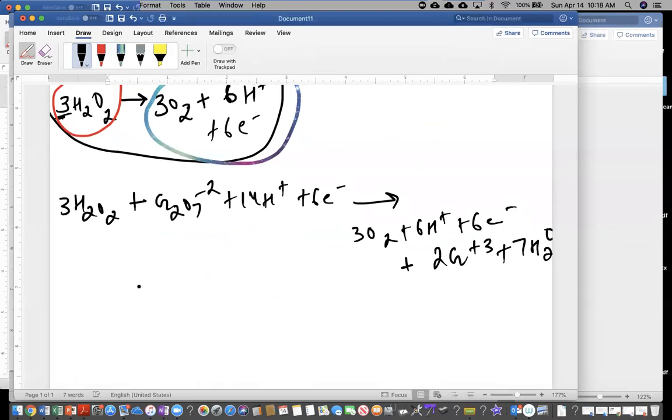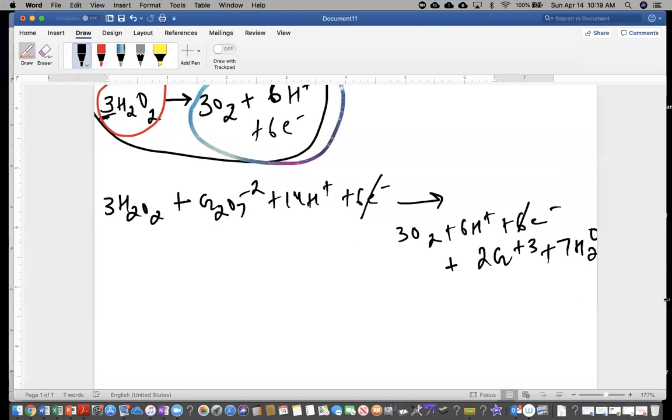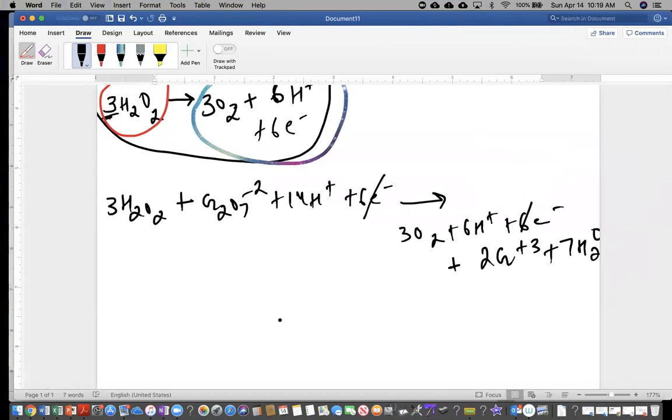Now you just have to see what things we can cancel out. The first thing is electrons. Electrons must cancel. You should never be left with electrons. If you're left with electrons at the end, there's definitely something wrong. Next thing is H plus.